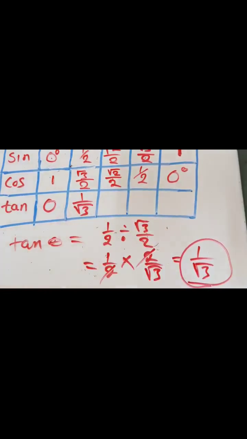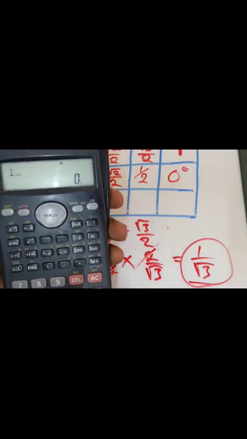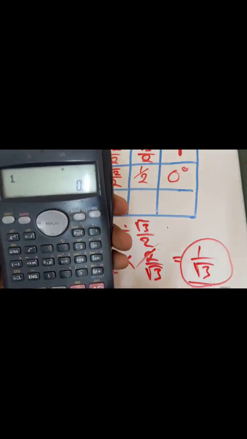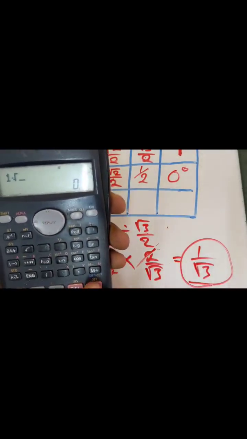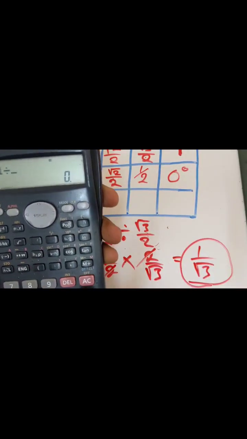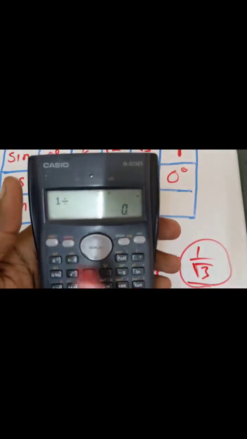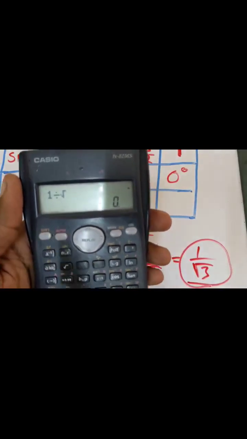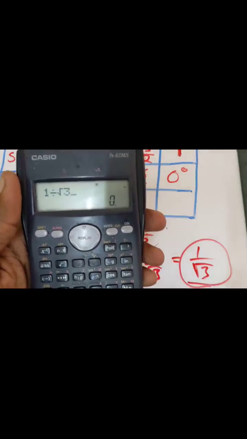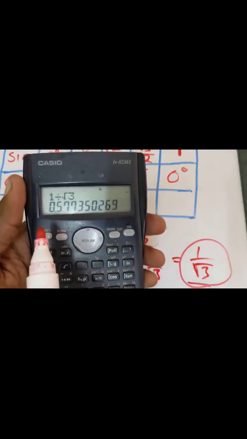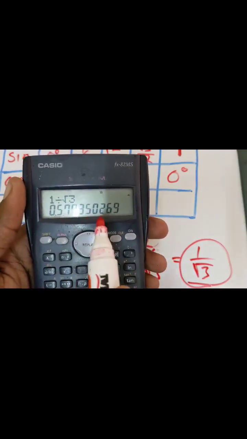Let's try to find out on the calculator. So we have 1 divided by root of 3, and that is 0.577.